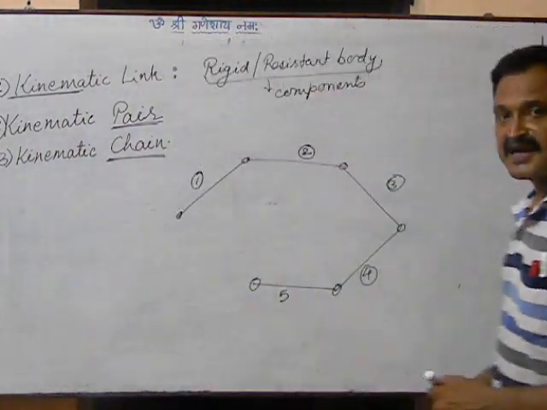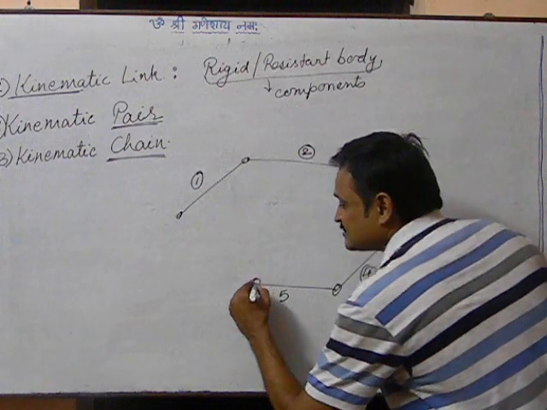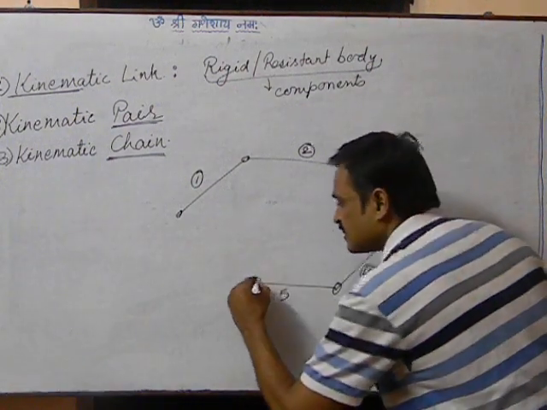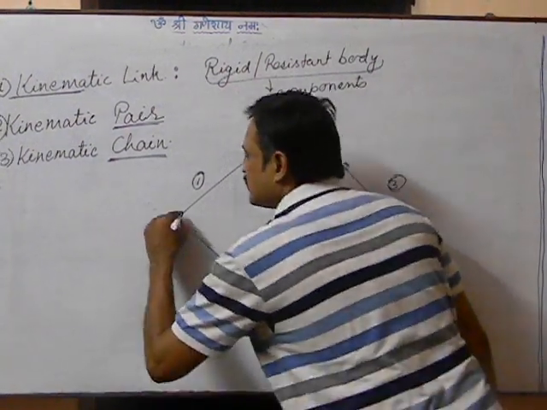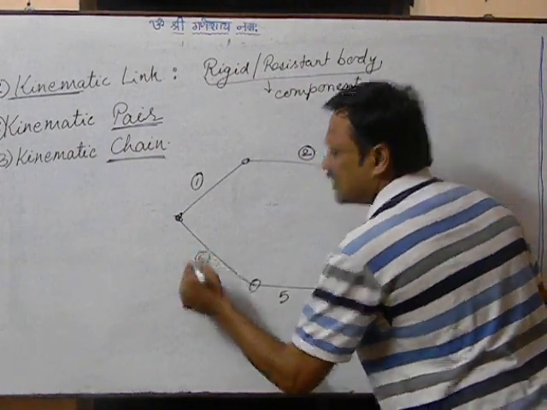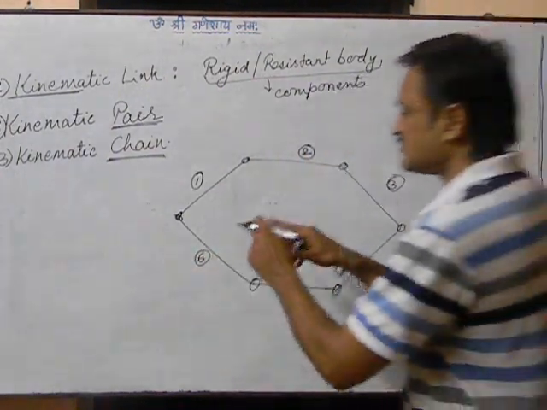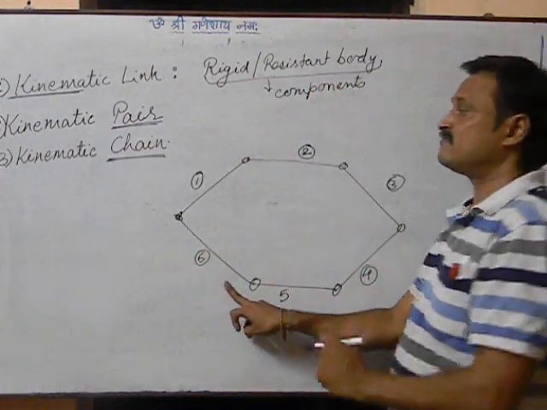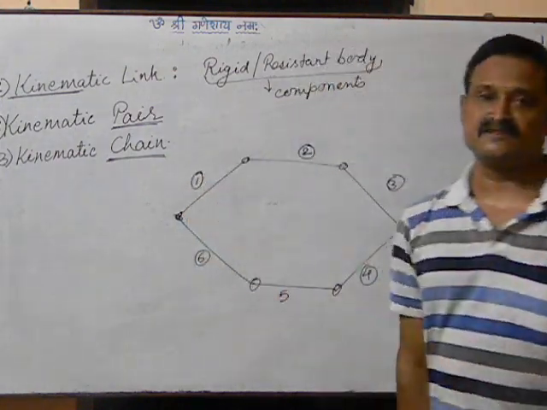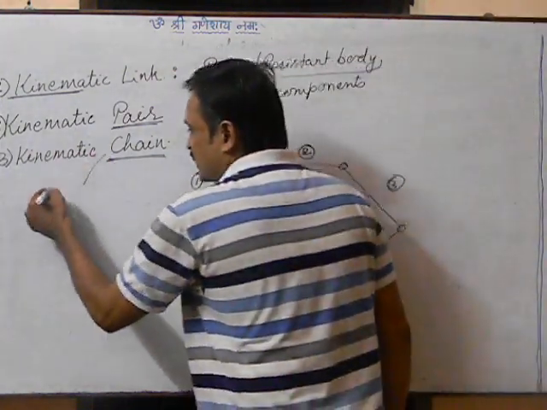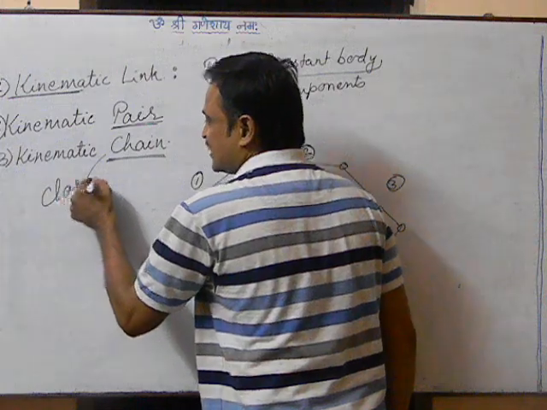Now if I join the last link, let us say there is a sixth link, and I join the sixth link with link number 1, so I am joining the last link of the chain with the first link of the chain, it is forming a closed chain.